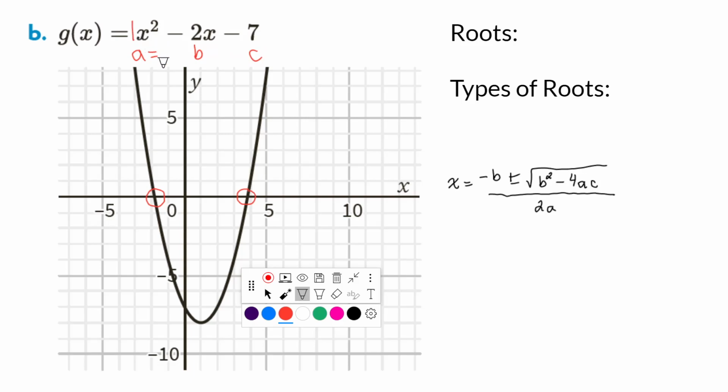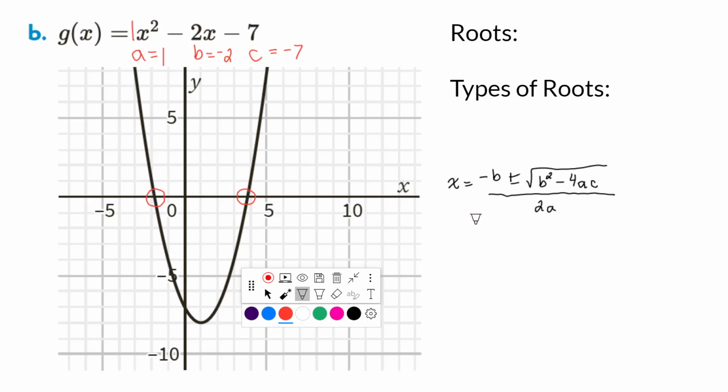My a value is 1. It's the coefficient of the quadratic term. My b value is -2. It's the coefficient of my linear term. And my c value is -7. It's the constant on the end. If you are missing b or c, because c is always the constant and b is always with the x, then you can say that its value is 0.